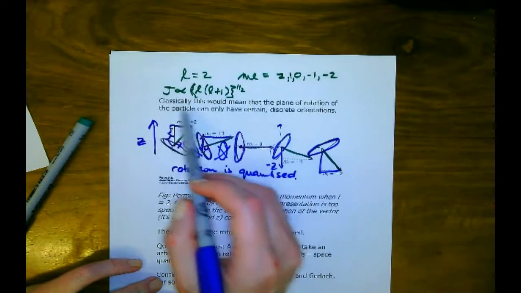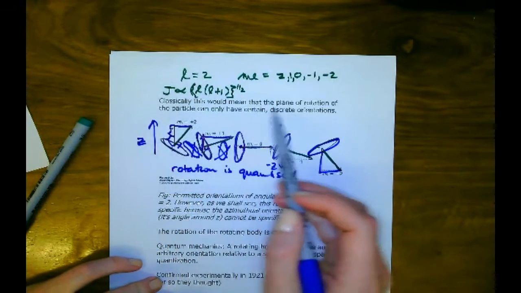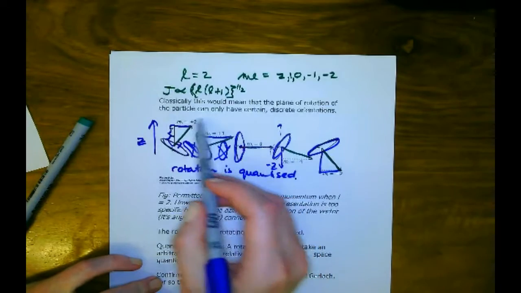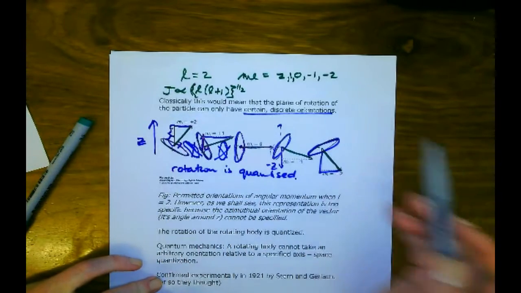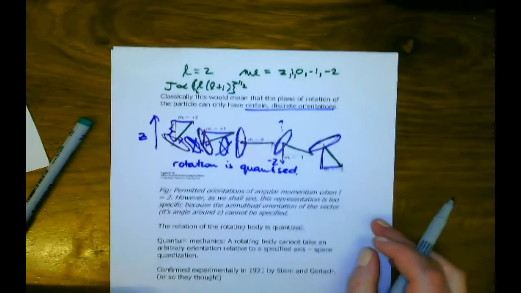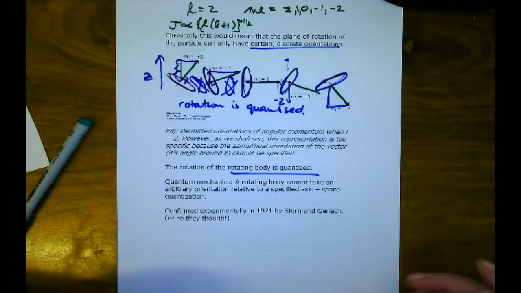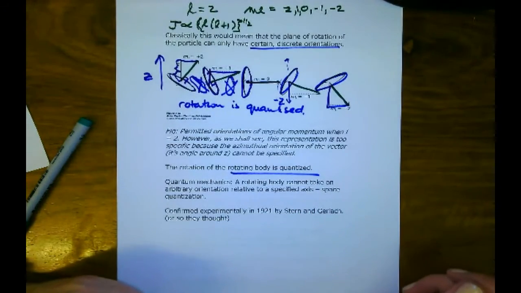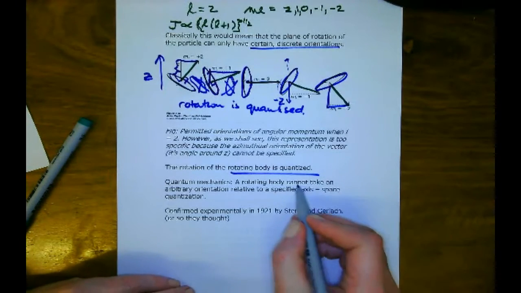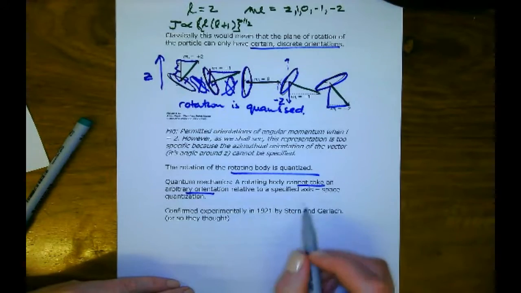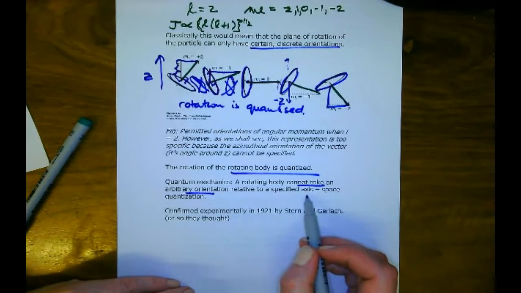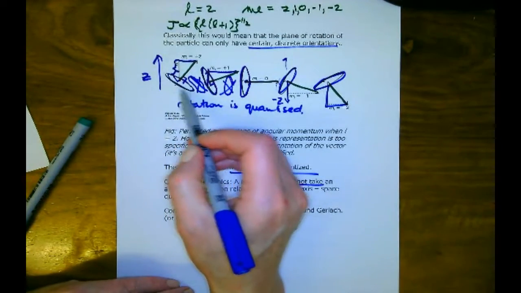So the classical interpretation of this would mean that the plane of rotation of the particle can only have certain discrete orientations. And the quantum mechanical interpretation is that the rotation of a rotating body is quantized. It cannot take an arbitrary orientation relative to a specified axis, which in this case is our z-axis.